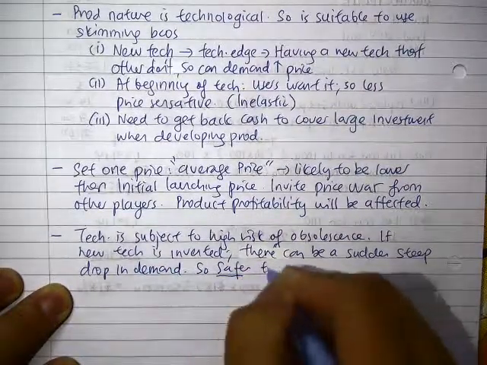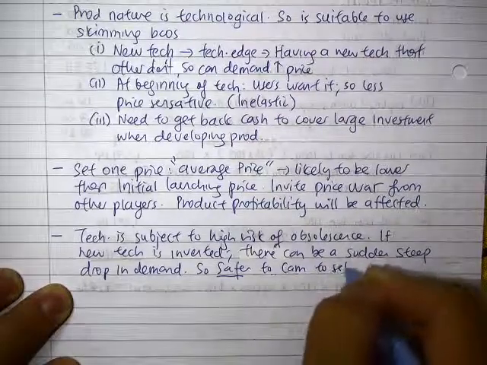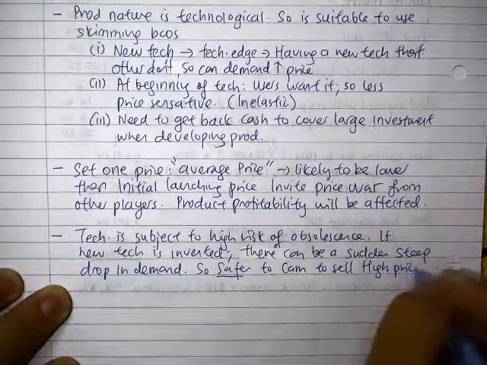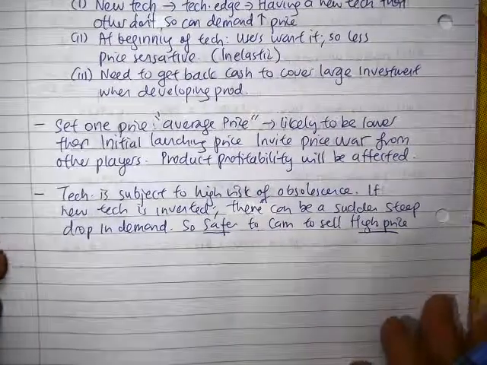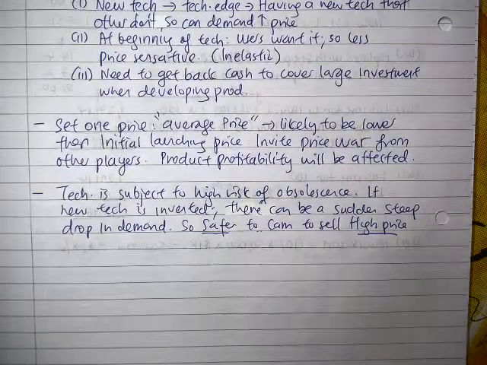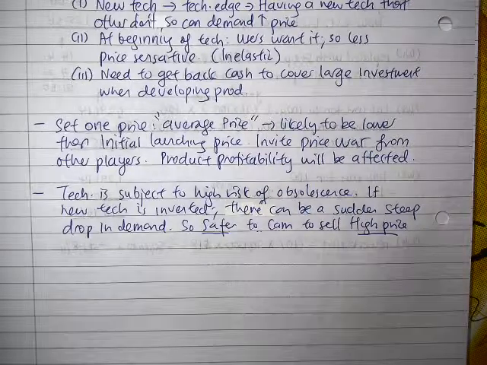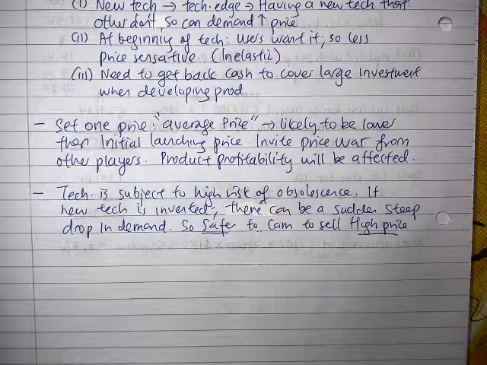So it's actually safer to sell at a high price at the beginning. Okay, right. So these are some of those points. So it's quite common sense also. They're just asking you about pricing, and then apply that into the product to justify why this pricing is suitable. Okay. All right. So that's it.